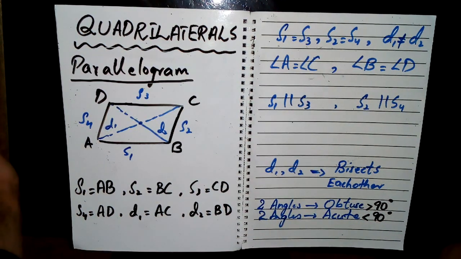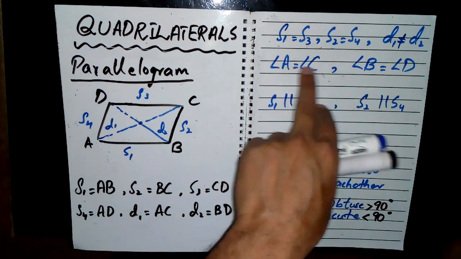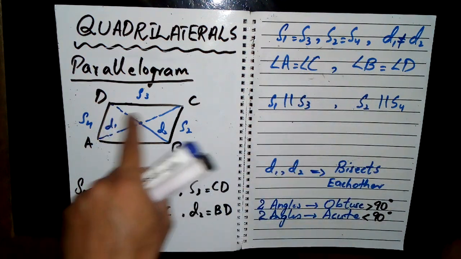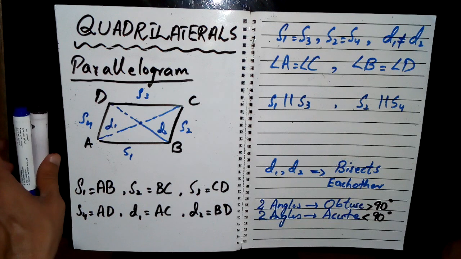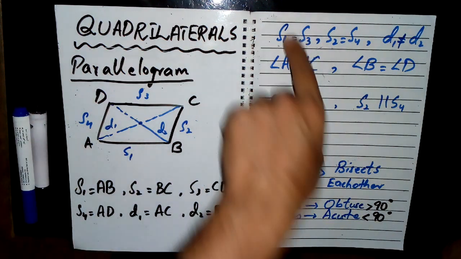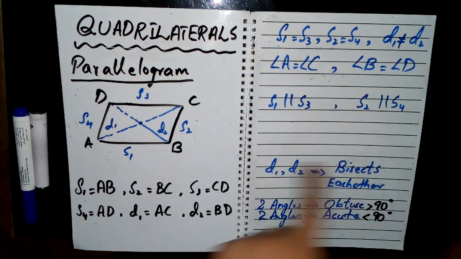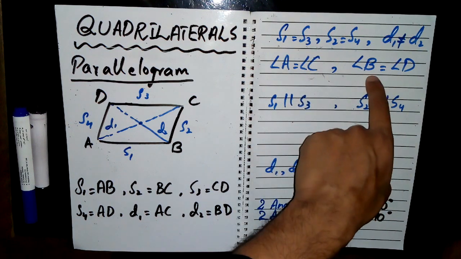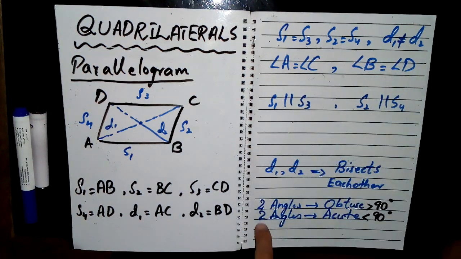Now the parallelogram. Just as in every quadrilateral, we have side 1, side 2, side 3, side 4, and diagonal 1, diagonal 2. The opposite sides are equal, that is side 1 and side 3, and side 2 and side 4 are equal as well as parallel. The opposite angles are equal, and two angles are obtuse and two angles are acute, just like in the rhombus.